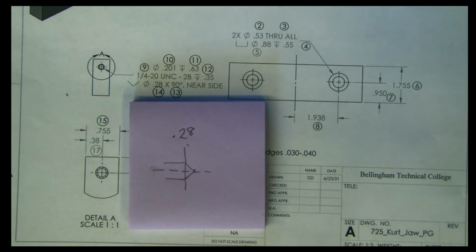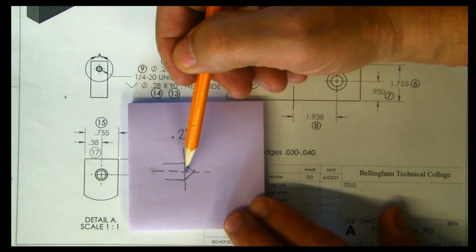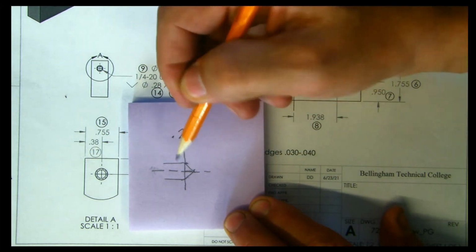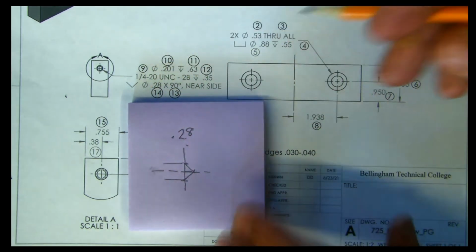So the question is, boys and girls, what is this axial distance to give me a 0.28 diameter?